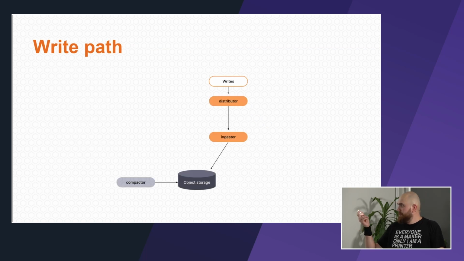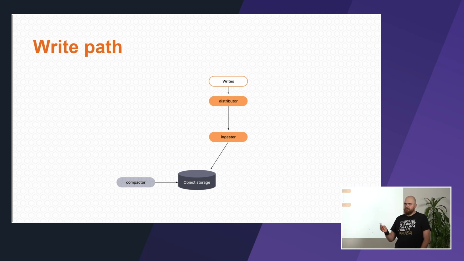No, we have a different write path. Thanos uses the Thanos sidecar to send data into S3 bucket storage. Grafana Mimir uses remote write. Prometheus has to be configured to send data into Mimir, and Mimir sends data into S3 storage.